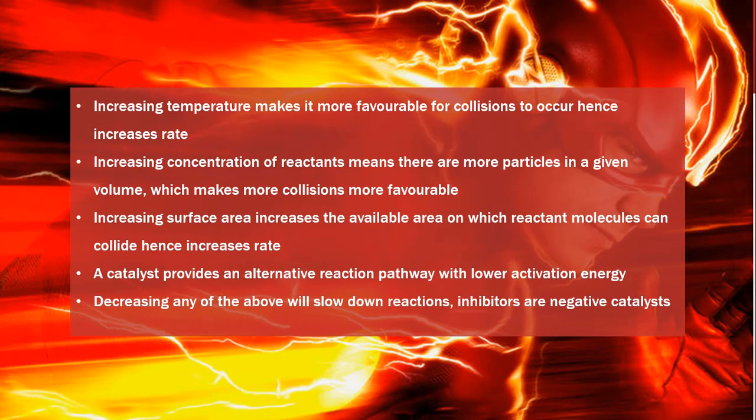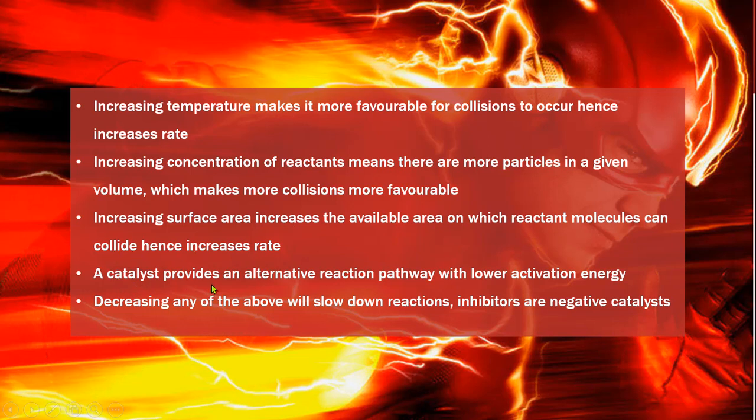So let's summarize what we did today. Increasing temperature makes it more favorable for collisions to occur, hence increases rate. Increasing concentration of reactants means there are more particles in a given volume, which makes collisions more favorable. Increasing surface area increases the available area on which reactant molecules can collide, hence increases rates.